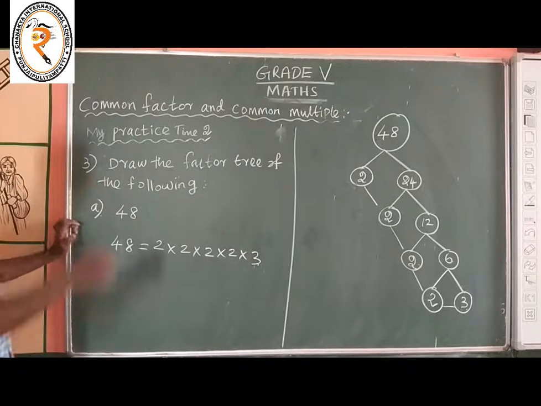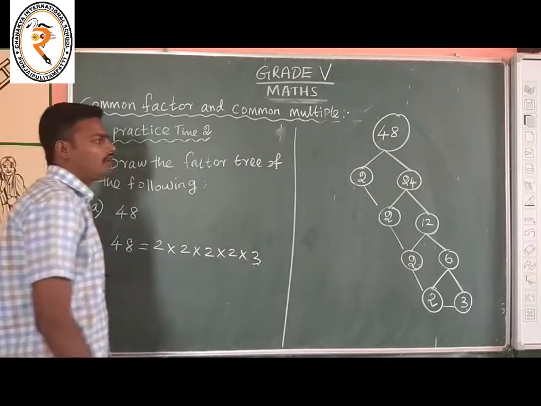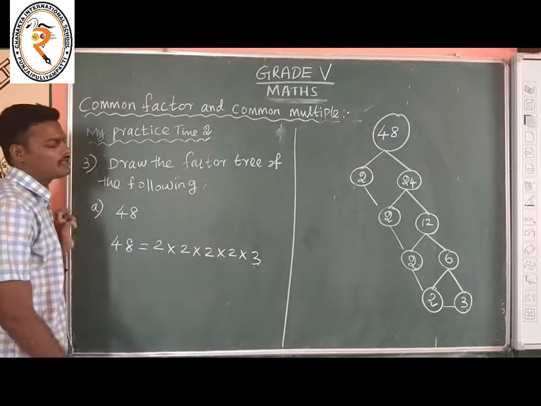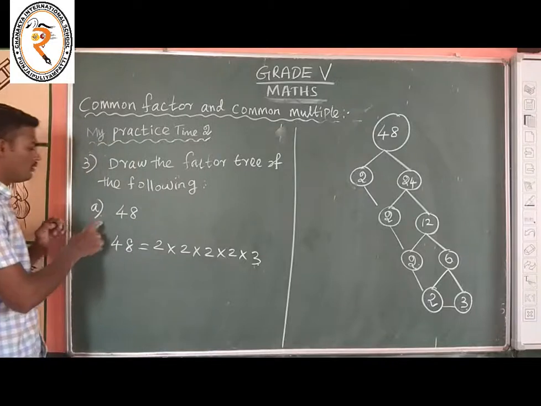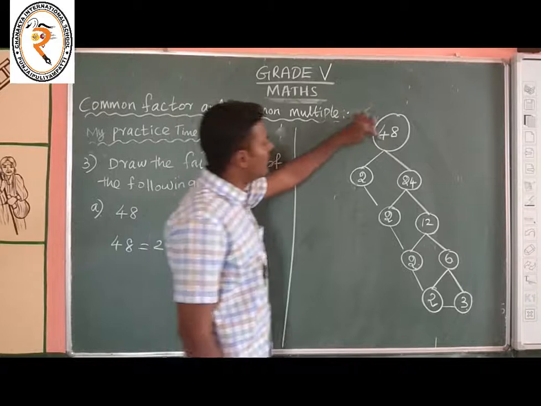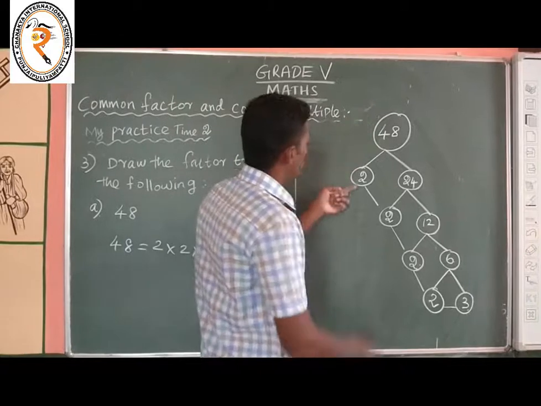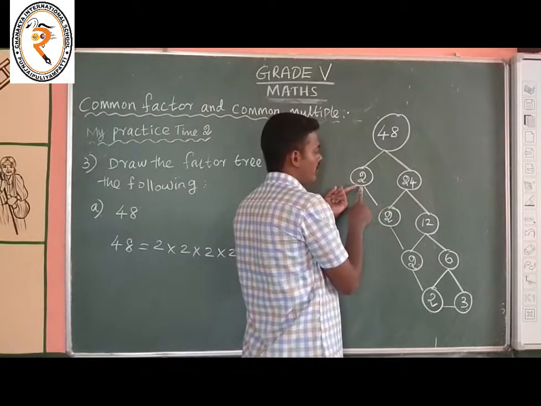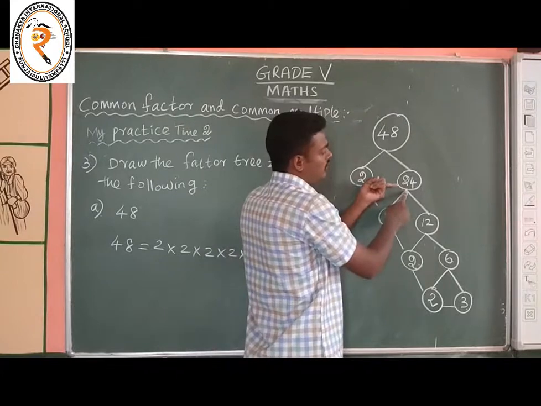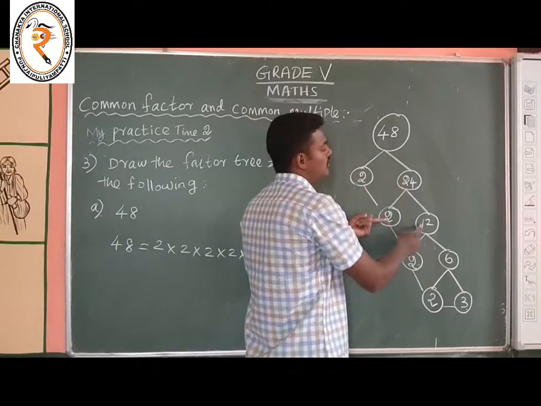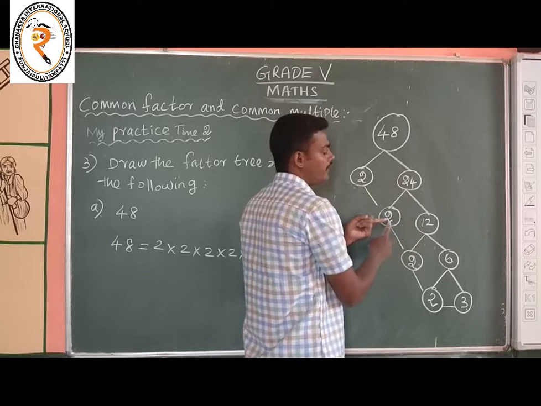This is the tree method. Prime factorization method, we have two types. First type is the tree method and second type is the long division method. First 48 in the tree method. 48 split in the second table, 2 24s are 48. Next, 2 is a prime number, so we split 24. 2 12s are 24. 2 is a prime number.